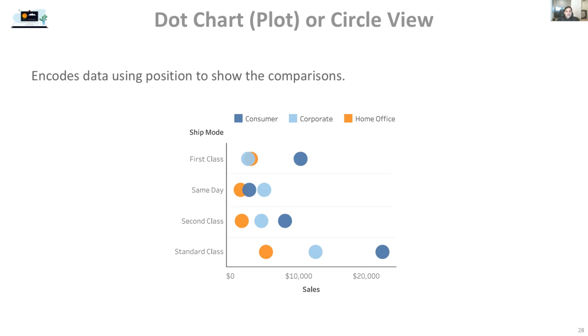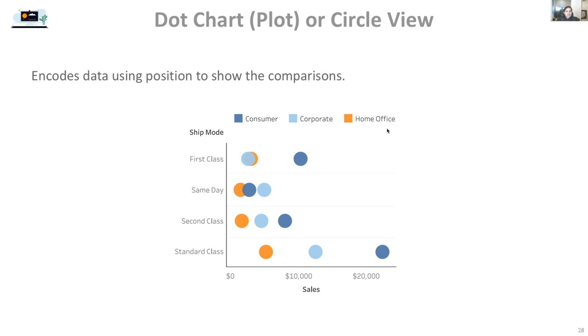Here is another example. This time the vertical axis represents different categories, meaning the shipment mode, and the horizontal axis contains the values, meaning sales for each shipment mode. We have also added some color encoding to represent the customer type, consisting of consumer clients, corporate clients, and home office clients.